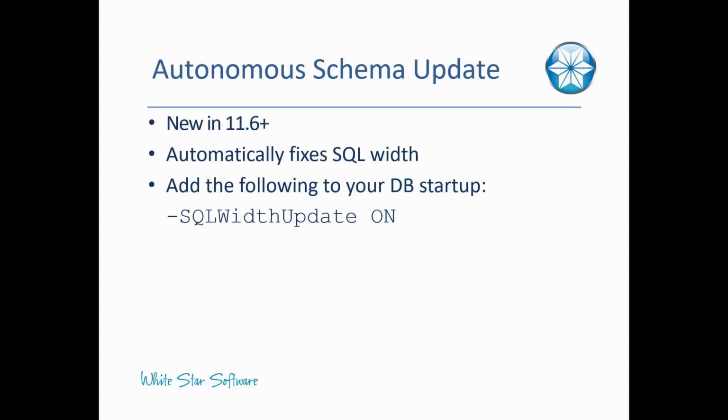New in version 11.6, you have something called autonomous schema update. What this does is automatically extend your SQL width, so you don't have to keep running that every so often. It's as simple as adding this to your database startup parameters.